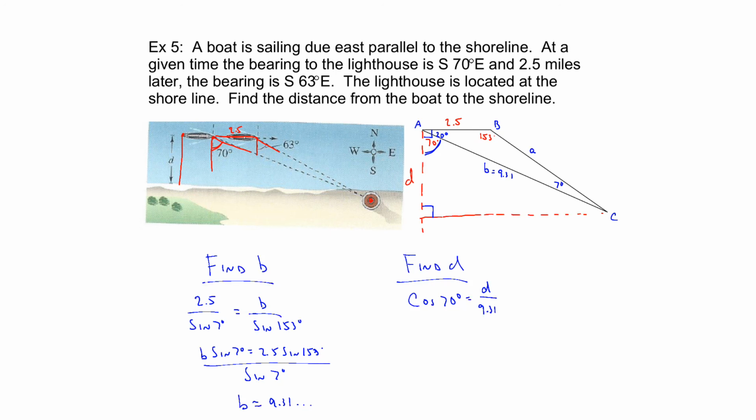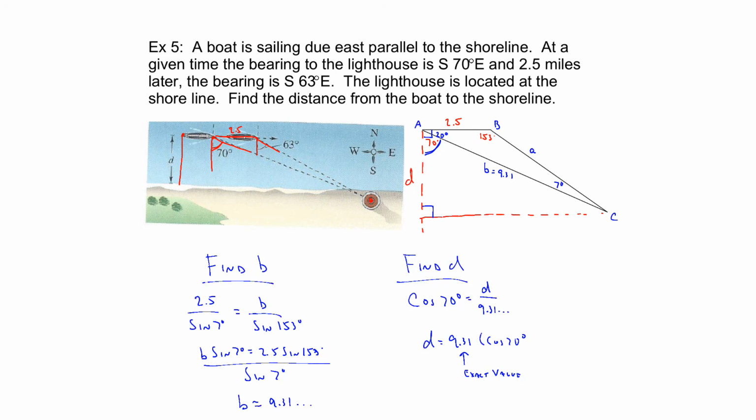Once again, this 9.31, we're not going to use approximately, we're going to use the exact value in the calculator. So D will be equal to that value times cosine of 70 degrees, using the exact value from the calculator.